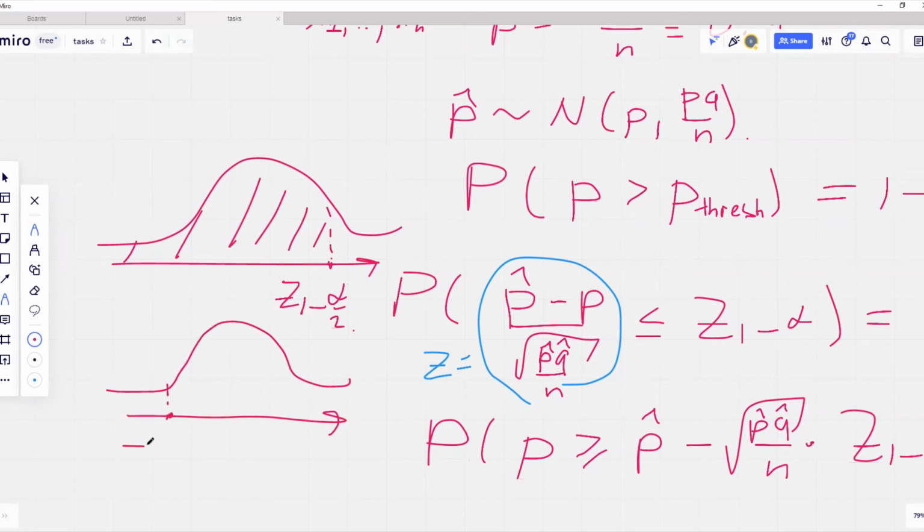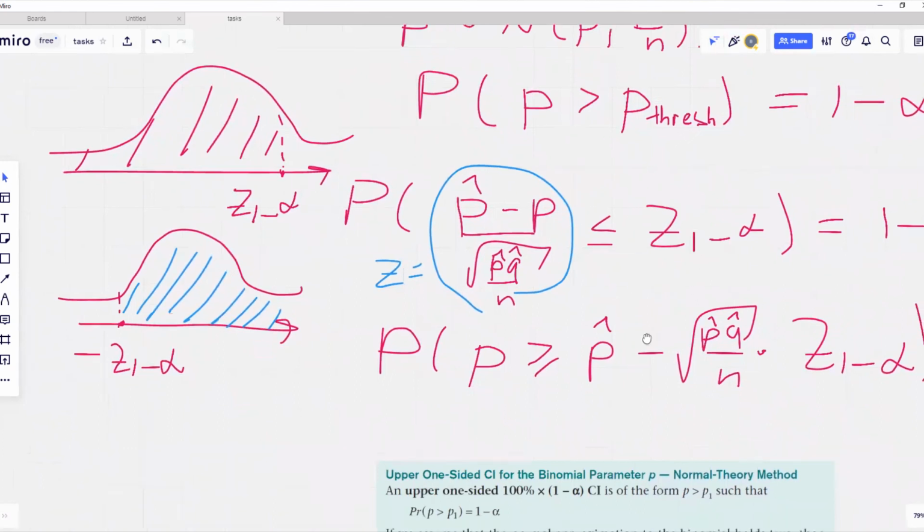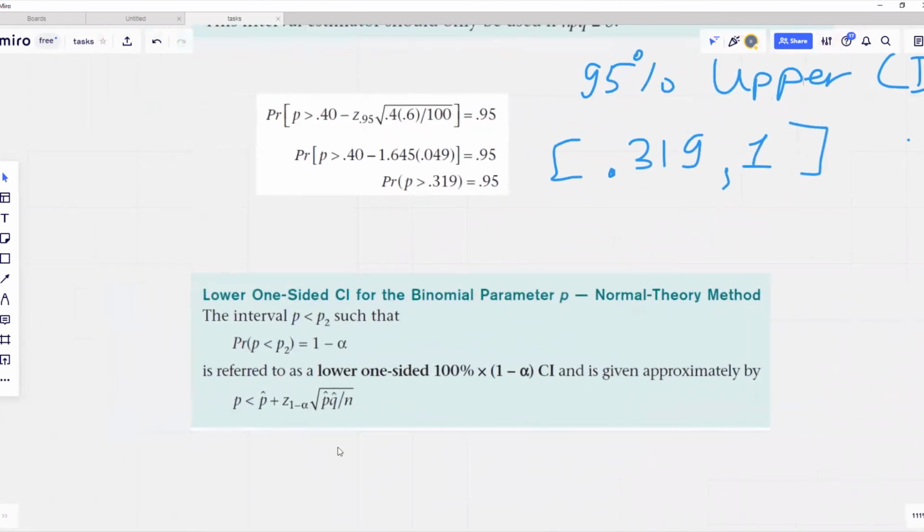Let's write this down as minus Z 1 minus alpha. I should have alpha here, not alpha over 2. And we'd set our standard normal random variable being greater than this critical value. Then following similar steps, we'd end up with the following formula for a lower confidence interval: point estimate plus critical value multiplied by standard error.